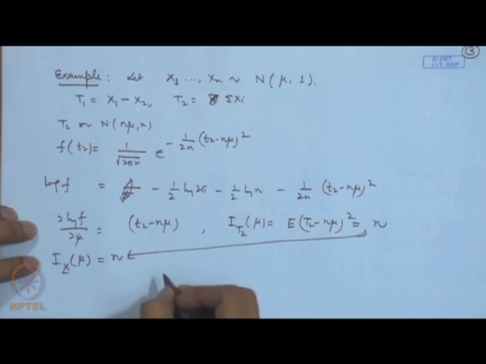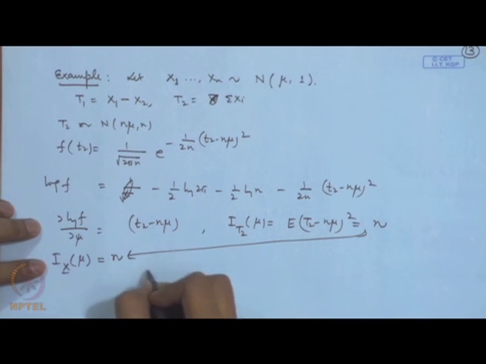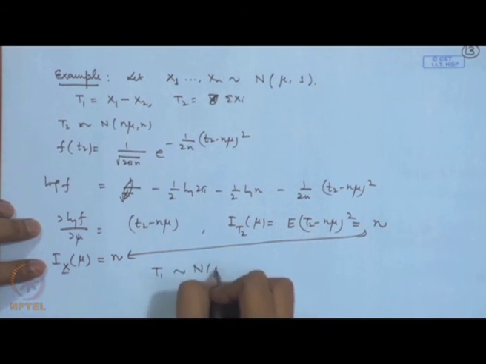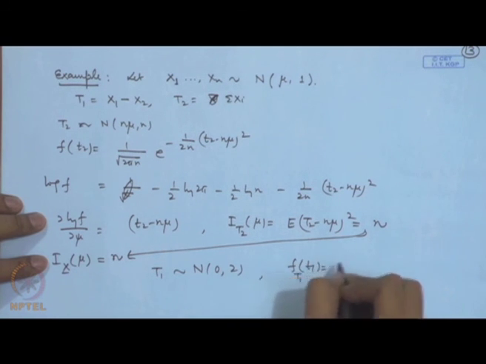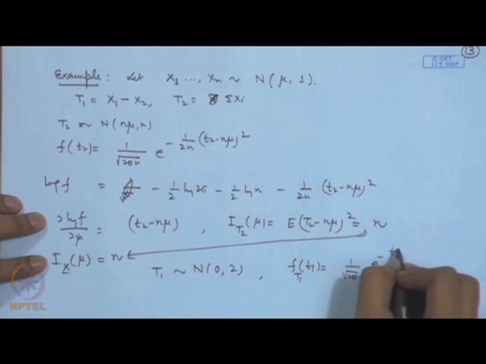Let us look at the information in T1. Now, T1 here is normal (0, 2). So, the density function of T1 will be free from μ. It is simply 1 by root 2π into root 2 e to the power minus T1 square by 4.